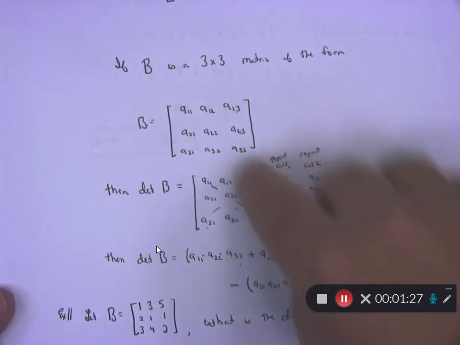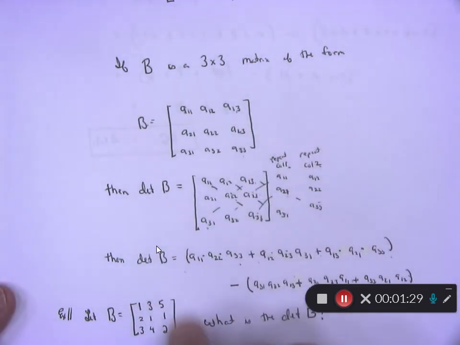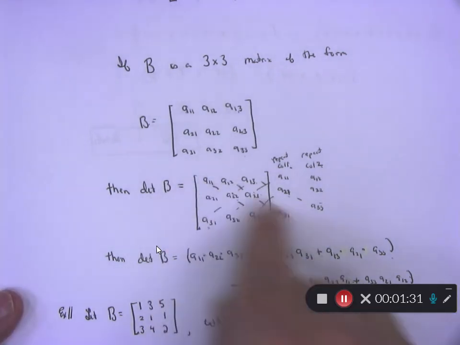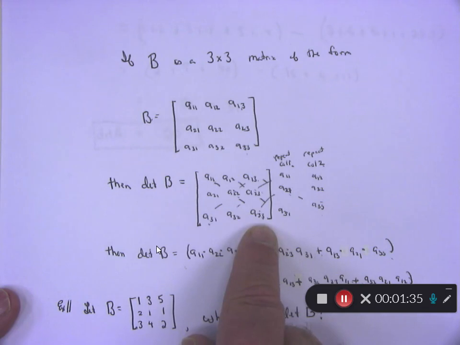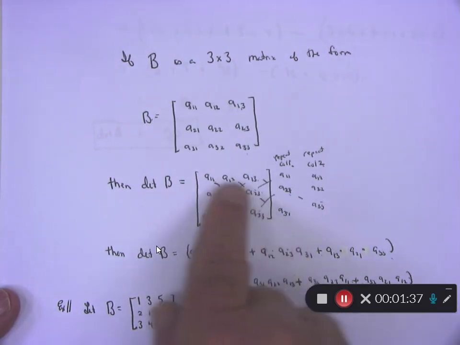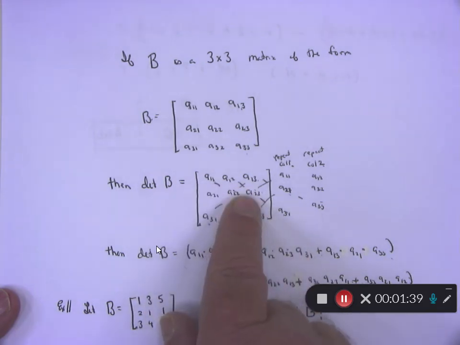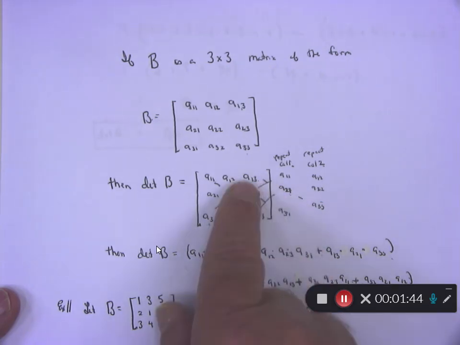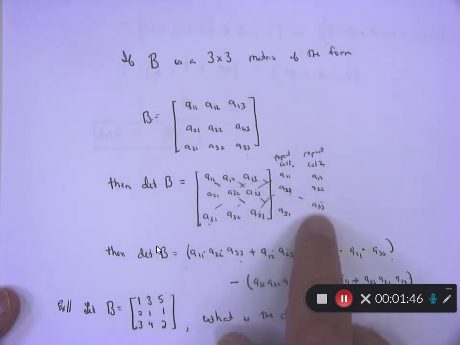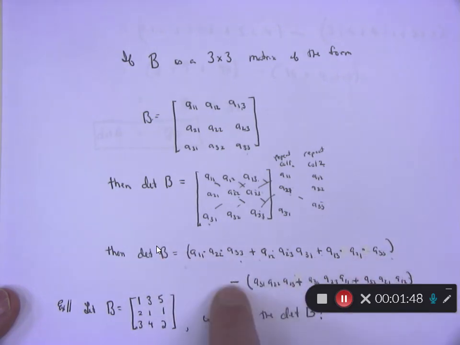You copy these down, and then you do the same idea. Main diagonal throughout the matrix, so A11 times A22 times A33 plus A12 times A23 times A31 plus A13 times A21 times A32. There's your main diagonal, minus the off diagonal.